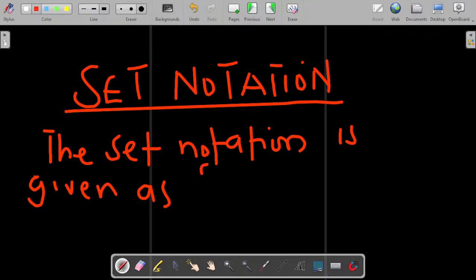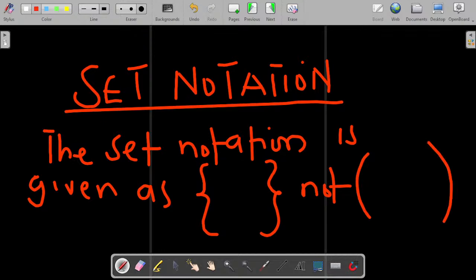This is how you identify a set. You don't write a set like this, not like this. Are you seeing the difference? This is how you identify sets, with this sign here, not this. Anytime you see a thing like this, you know that they're talking about a set.